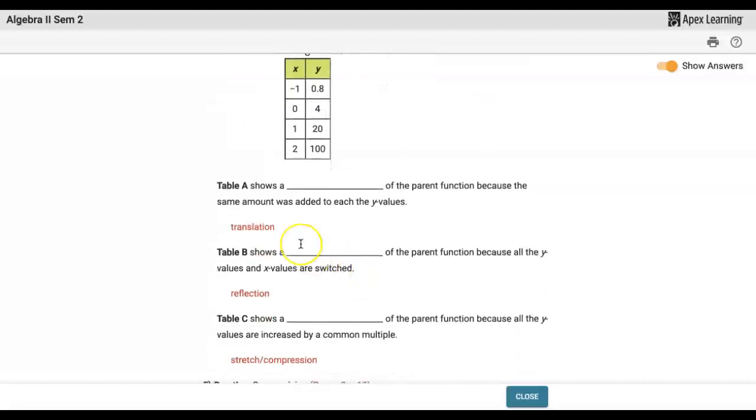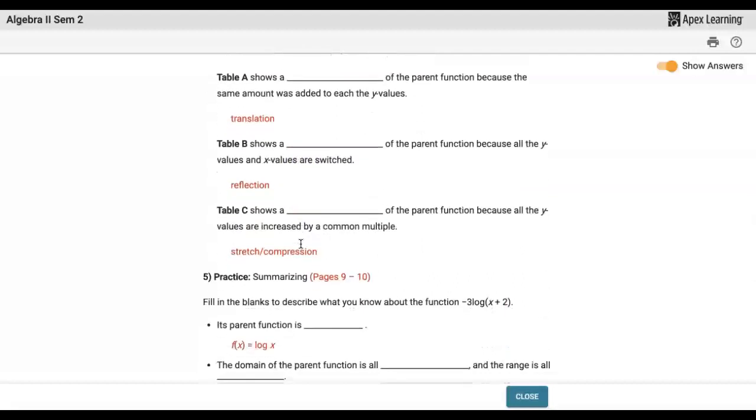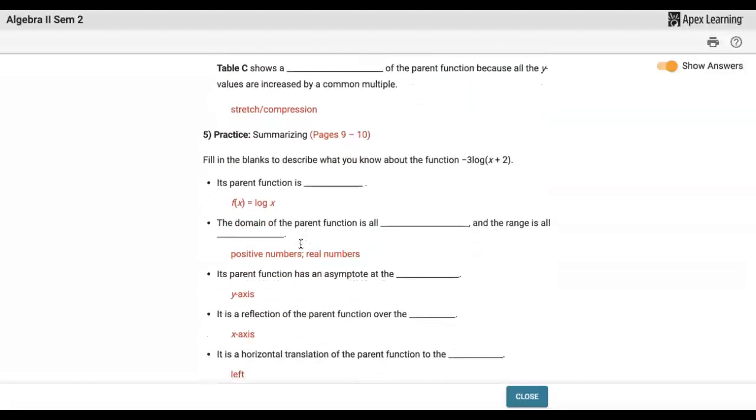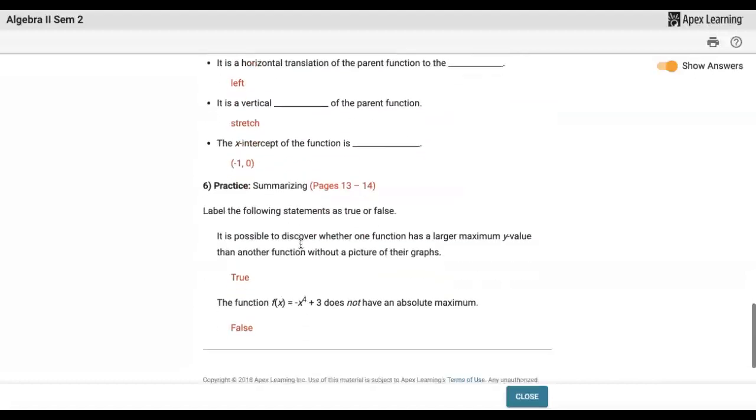Then what happens to our functions when we translate them, reflect them, stretch, compress, or flip them across an axis? What does that do to our different functions? And knowing that we have parent functions now, we worked a lot in semester one with some parent functions, but now we're able to add our logarithmic and our exponential functions to our little tool belt.